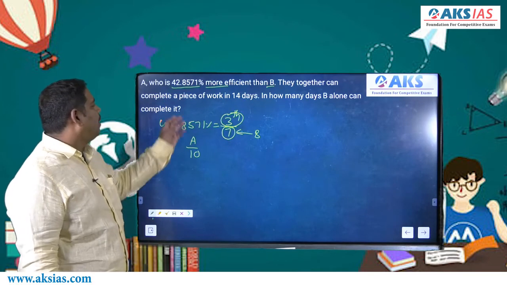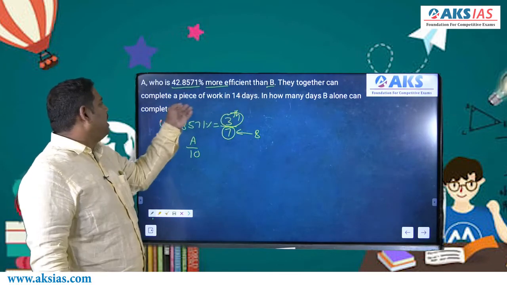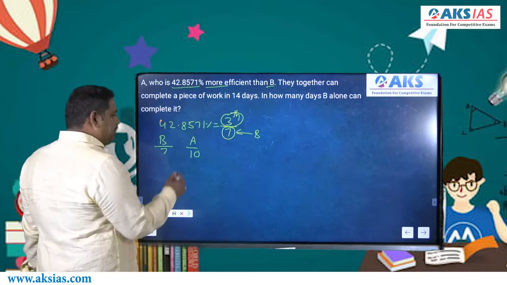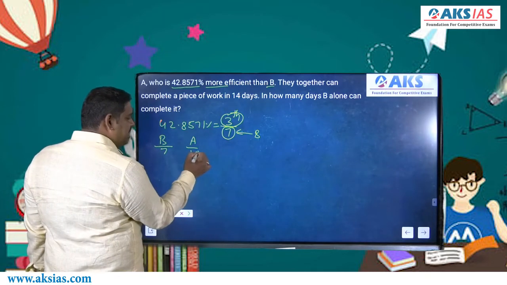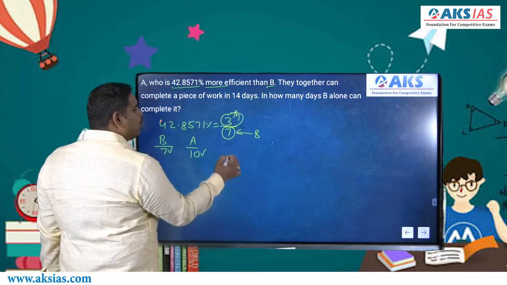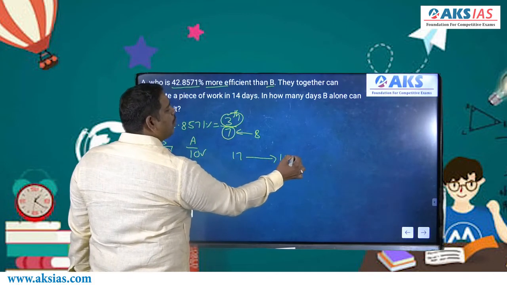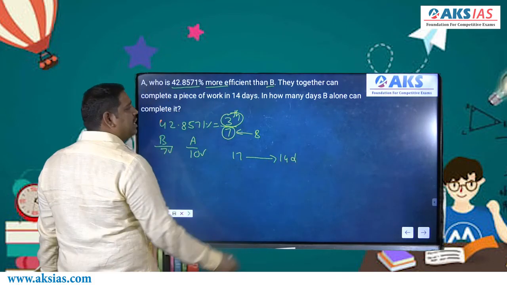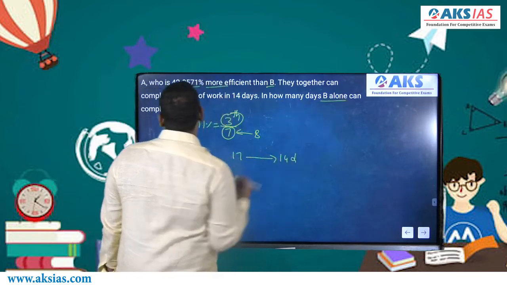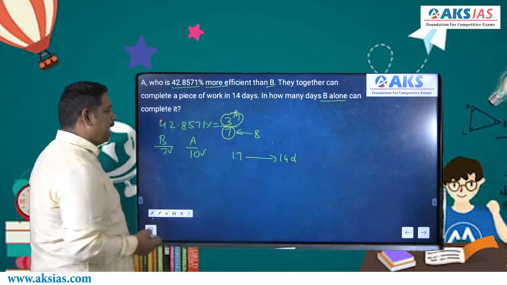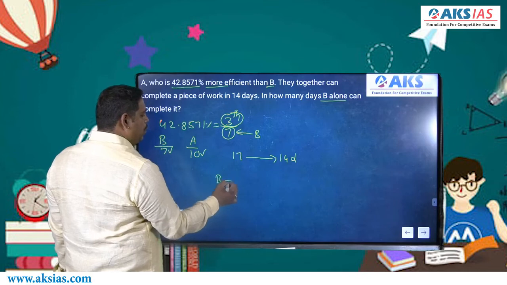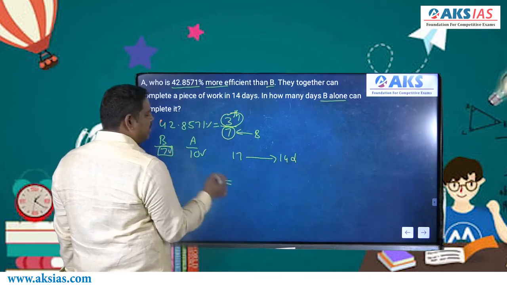Now, they together can complete a piece of work in 14 days. Together means A's efficiency is 10, B's efficiency is 7, together efficiency is 17. With 17 efficiency they can complete it in 14 days. Now what is he asking? In how many days can B alone complete it? B alone means B's efficiency is 7.